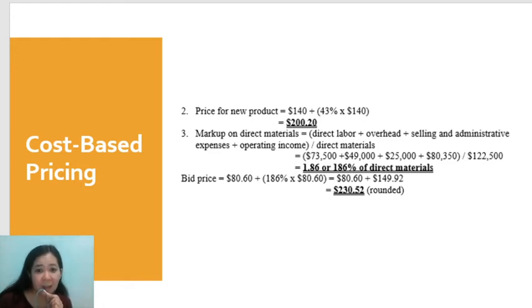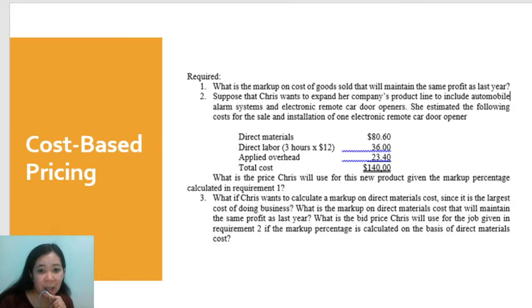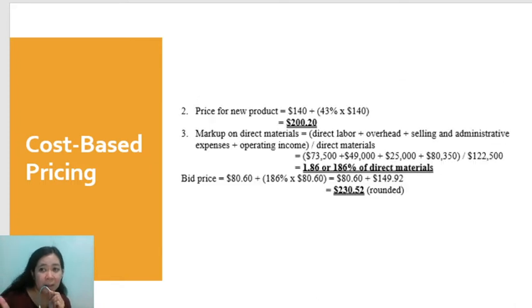So the bid price is $230.52. 80.60 is our base, which is the direct materials. So we just added 186% to it to get the bid price of $230.52.